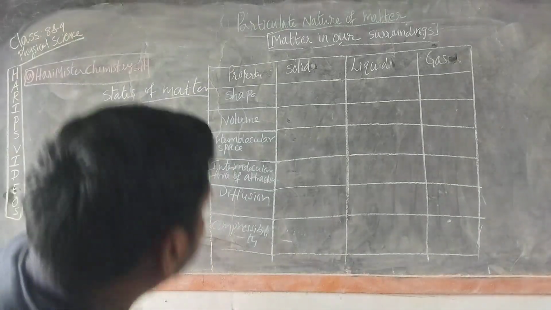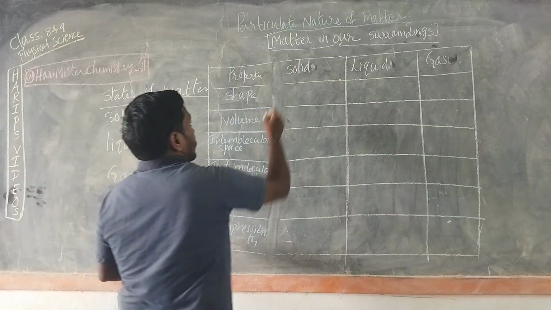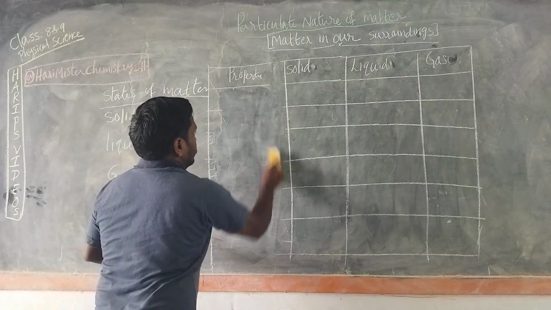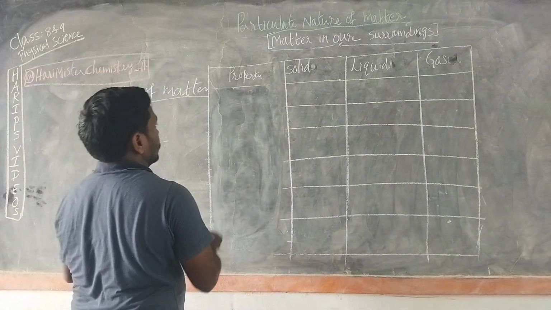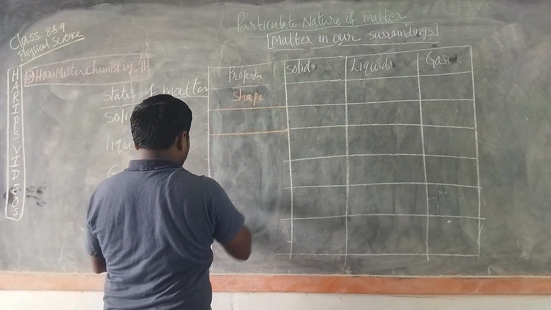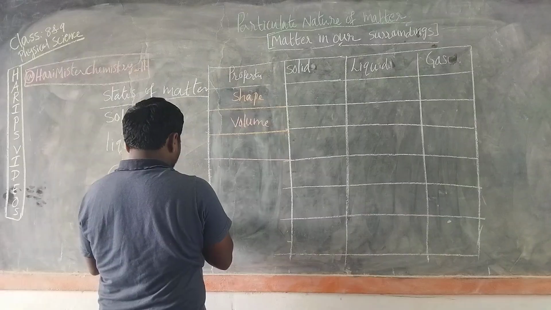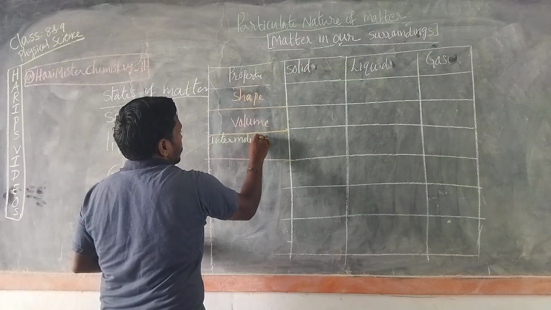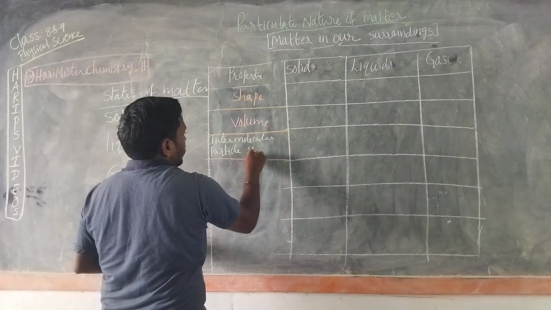I will write again here. Shape. Then the second one, volume. Then the third one, intermolecular or interparticle space.